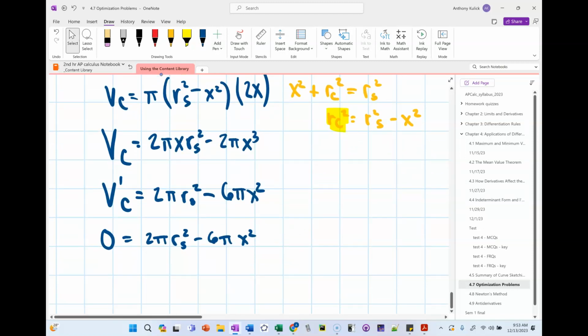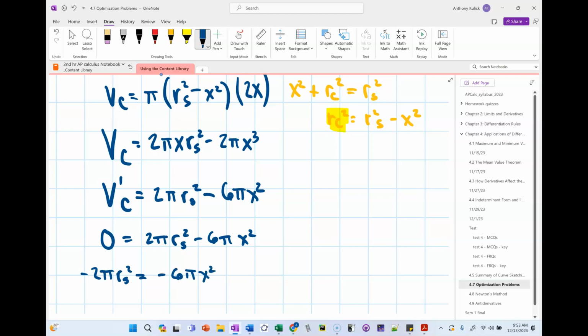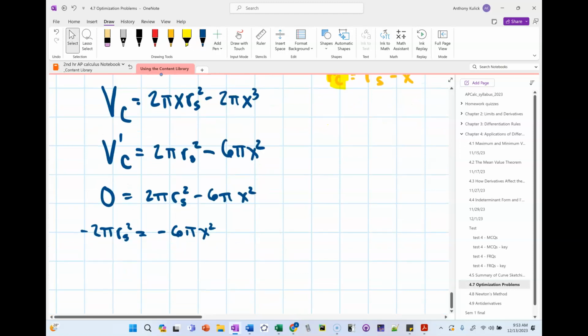So I want to get the x by itself. So I'm going to subtract over that piece and then divide by negative 6 pi.